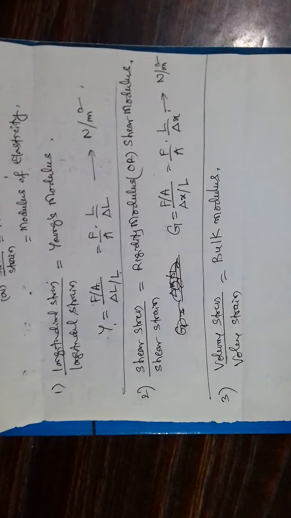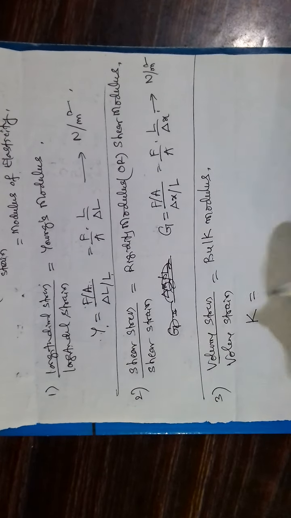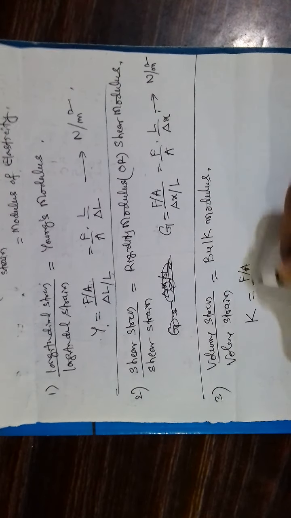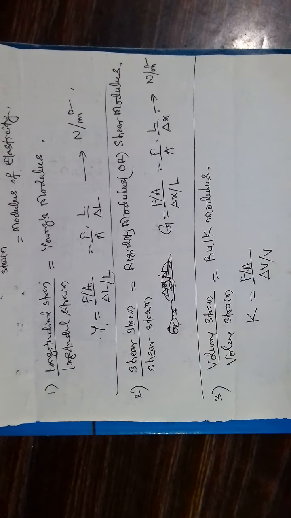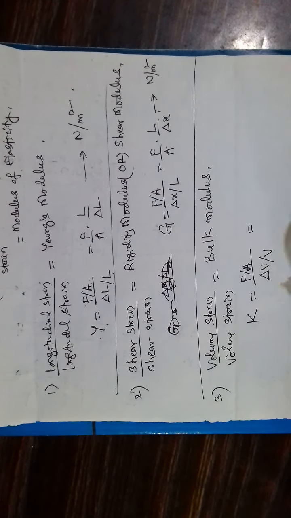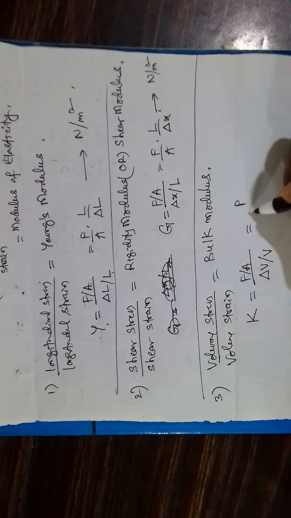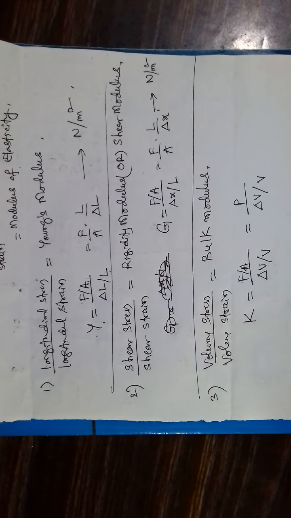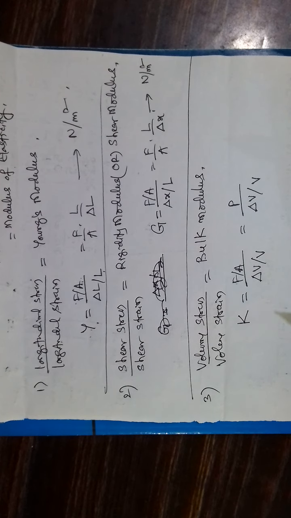That is called bulk modulus, and the bulk modulus is represented by K. Volume stress means force by area, and volume strain is change in volume by original volume. And sometimes instead of force by area, you write pressure, P by delta V by V. So in this way we have three types of elastic moduli.